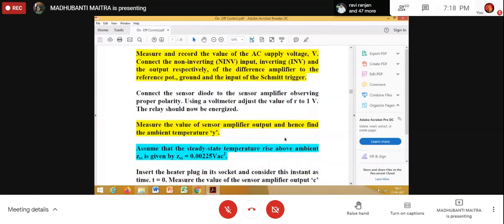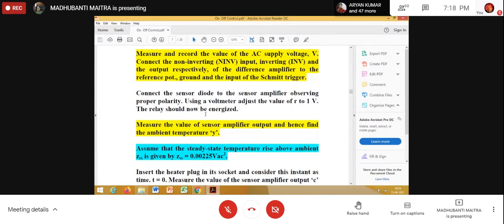Now, using a voltmeter, we'll adjust the input pot so that the reference input becomes 1 volt. Since C is 0, the error R minus C is equal to 1.